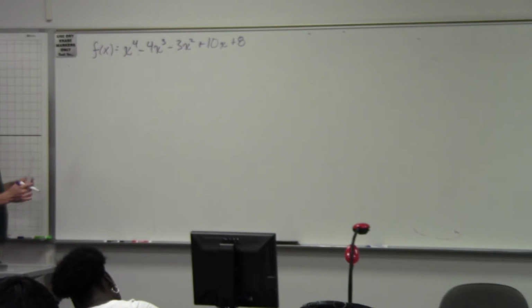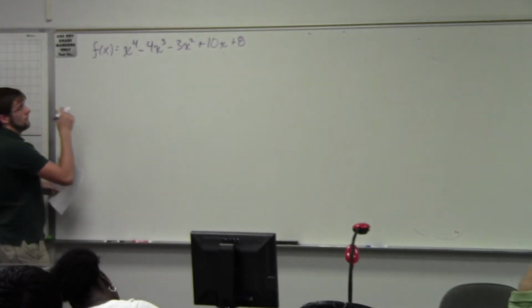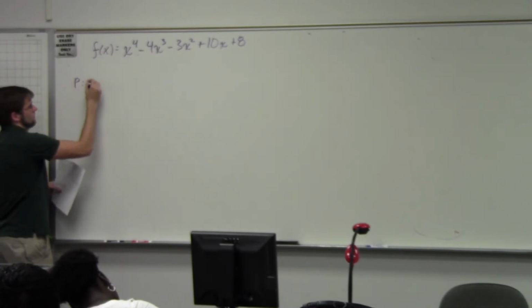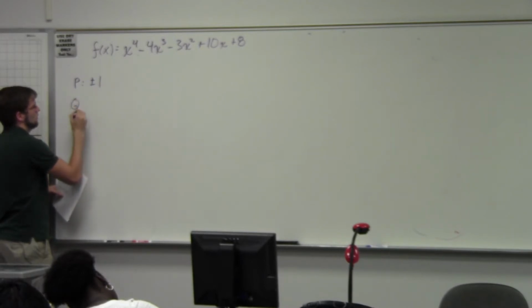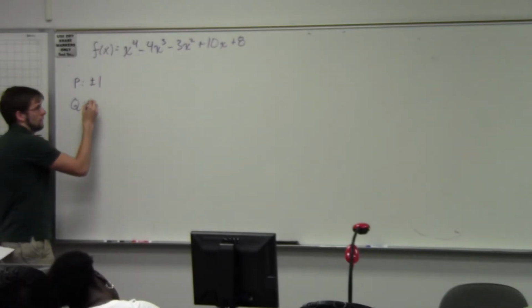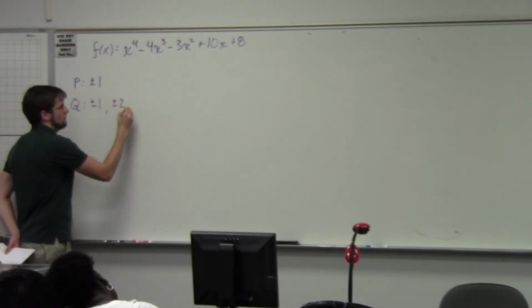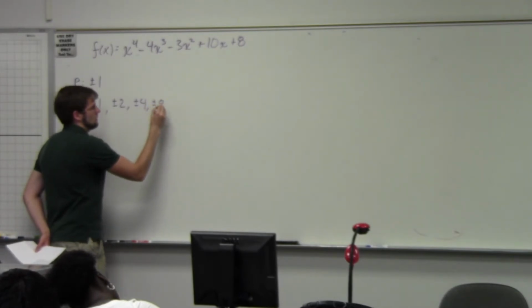Let's redefine your P and your Q. All right, so the P is the coefficient of the first term, which is plus or minus 1. And your Q, we want to list out all the factors of 8. So all the factors of 8 are plus or minus 1, plus or minus 2, plus or minus 4, and plus or minus 8.